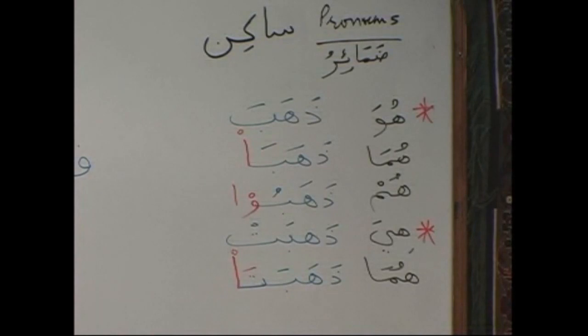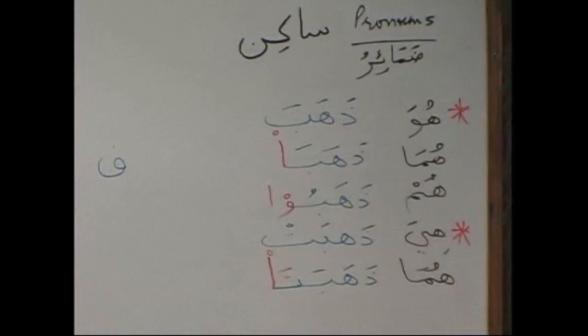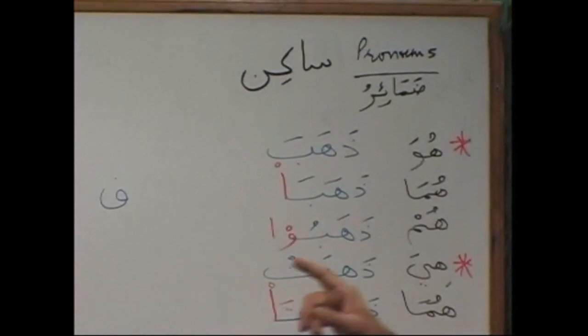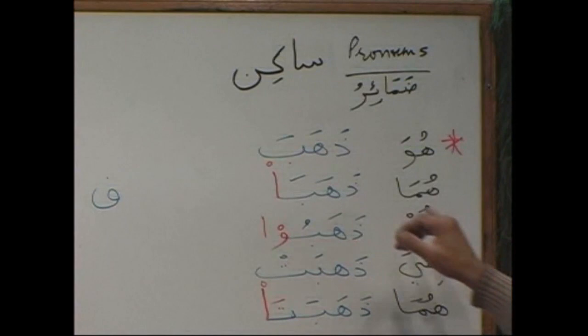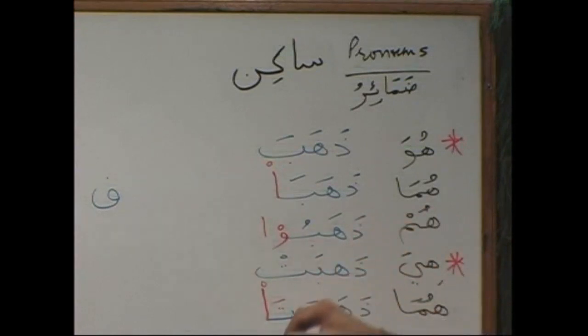And whenever a mutaharrik pronoun comes as a fa'il, brothers and sisters, the lam kalima should get a sukoon. That's the rule. So that is why you can see, starting from hunna, it is zahab, zahab, zahab, while here it is zahaba, zahaba, zahabu. Are you with me? This thing is very, very important to remember.